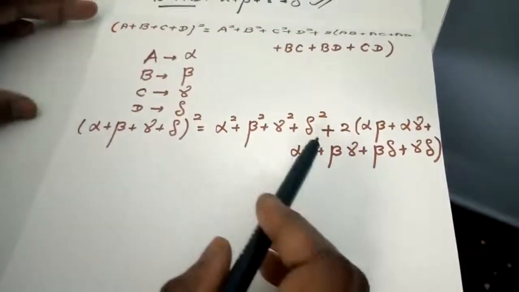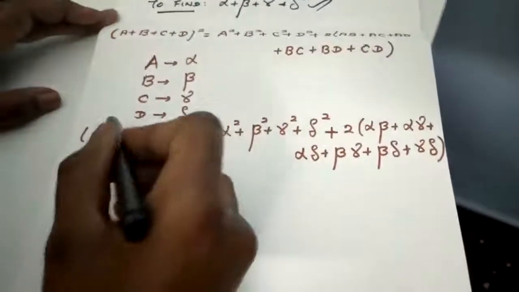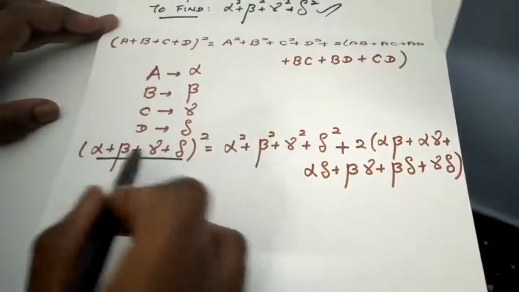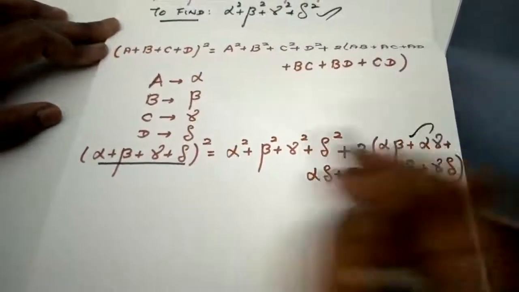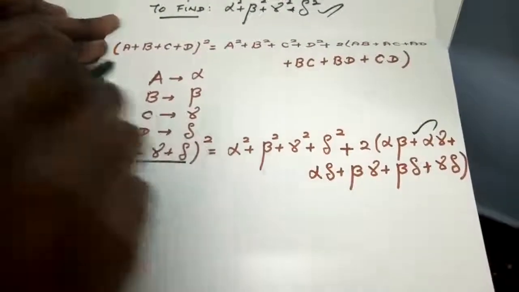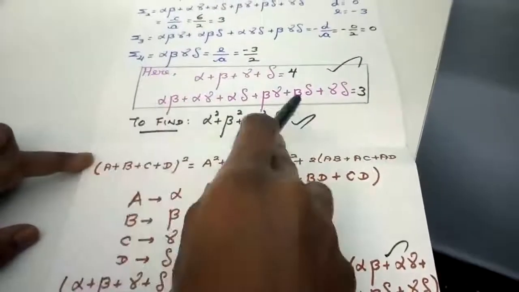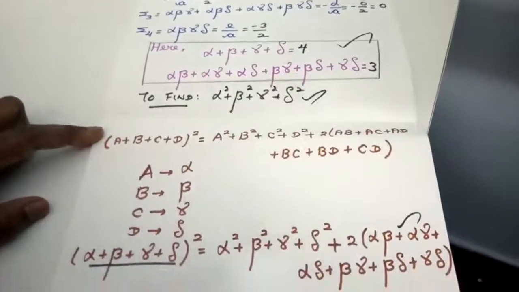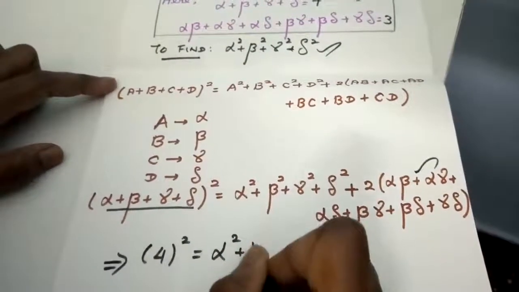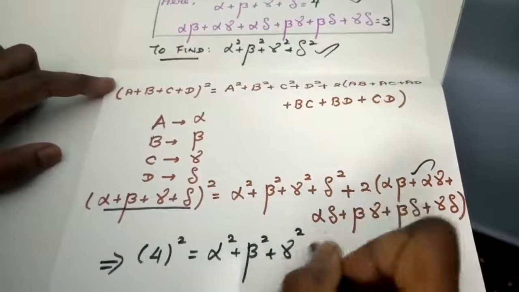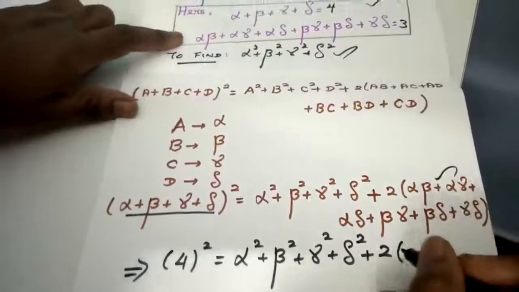So that is the question they are asking you: find the sum of squares of roots. I have the value for alpha plus beta plus gamma plus delta, and similarly for the pair sum multiplied by 2. Just see here, students, I am going to replace the values. Alpha plus beta plus gamma plus delta equals 4, and for the pair sum I am getting 3. That is 4 the whole square equal to alpha square plus beta square plus gamma square plus delta square plus 2 into 3.